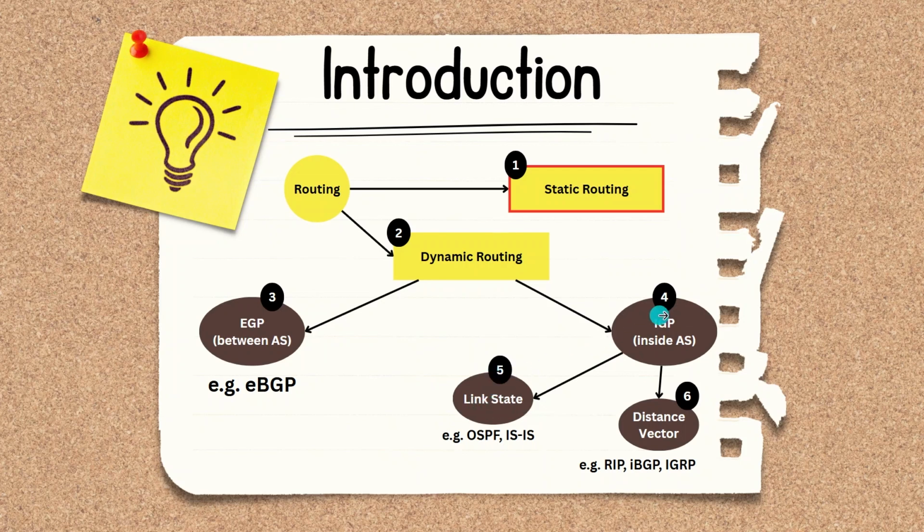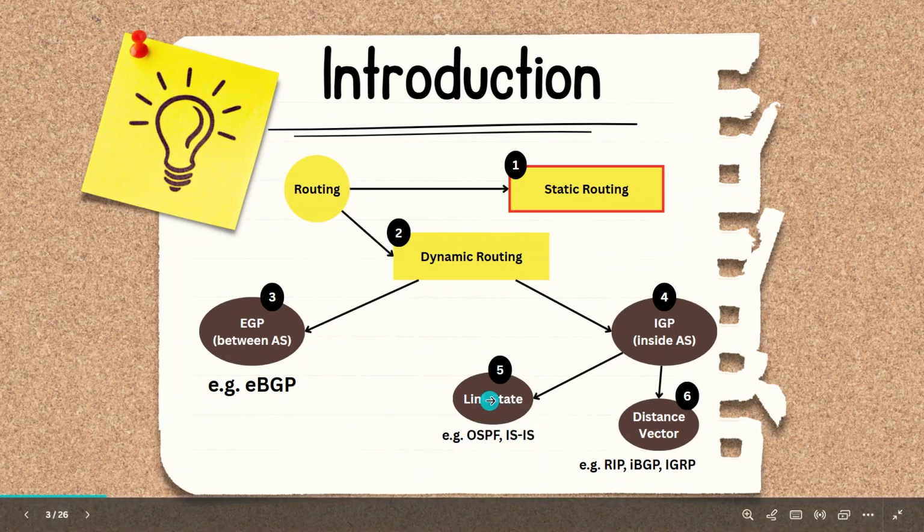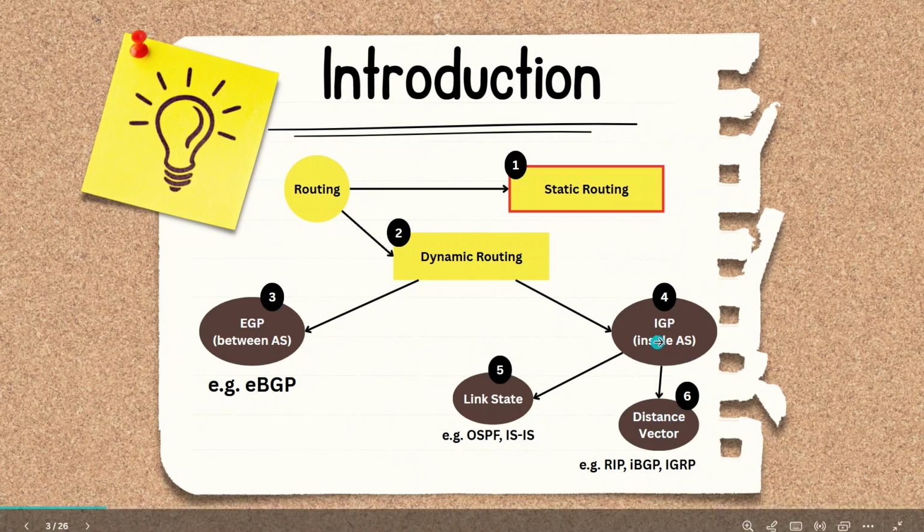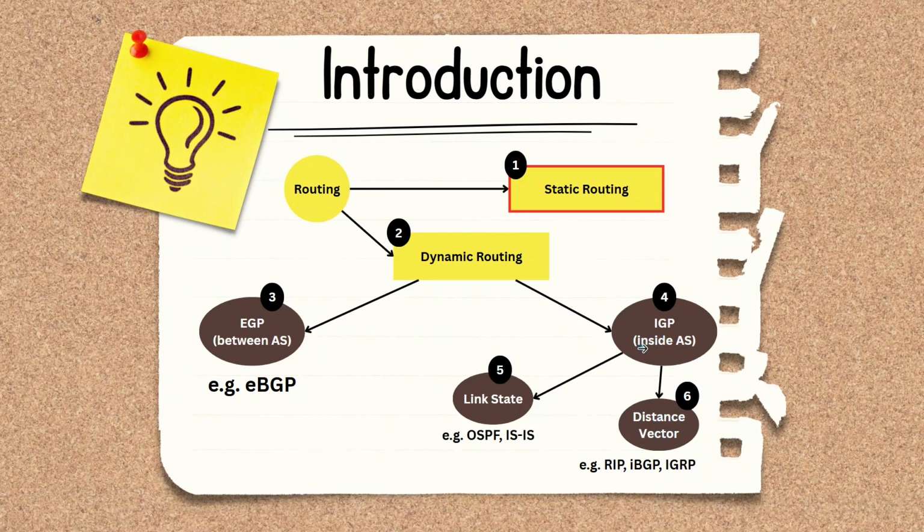So inside IGP, these are the protocols that use link state algorithms, OSPF and IS-IS, and these are the protocols that use distance vector. So RIP uses distance vector. It falls under IGP because it can only be used inside an AS, and IGP falls under these dynamic routing protocols. So this is nothing but an introduction of RIP.